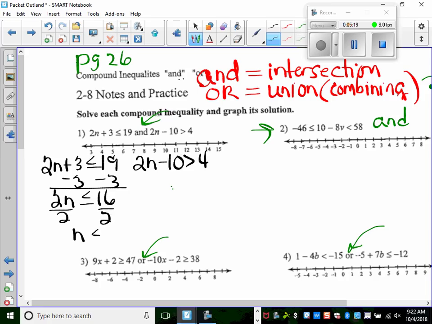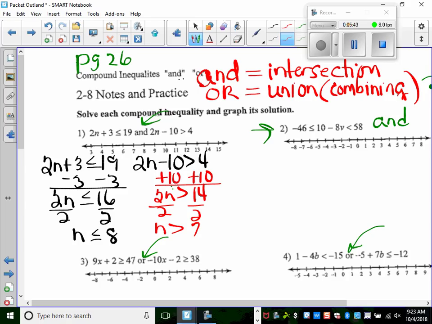So n is less than or equal to 8. And let me do the other one. Add 10 to both sides. 2n is greater than 14. So n is greater than 7. So we know how to solve two separate inequalities, not a problem.